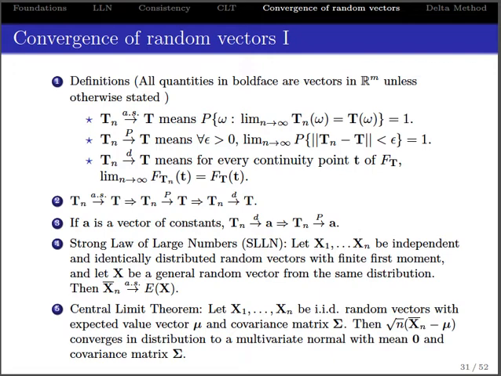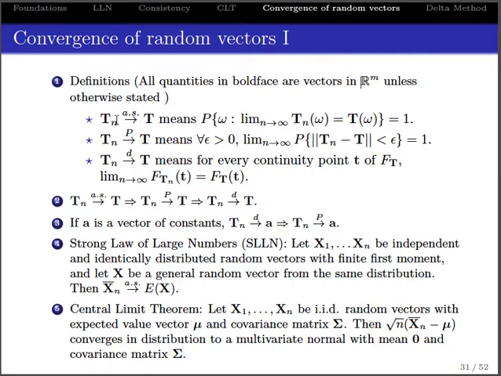Now, what we've been doing up till now is all scalar, but all the definitions that we've seen and all the basic facts are the same regardless of whether it's a single valued random variable or a random vector, a vector of random variables. So again, almost sure convergence. In all these definitions, the boldface quantities are in Rm unless otherwise stated.